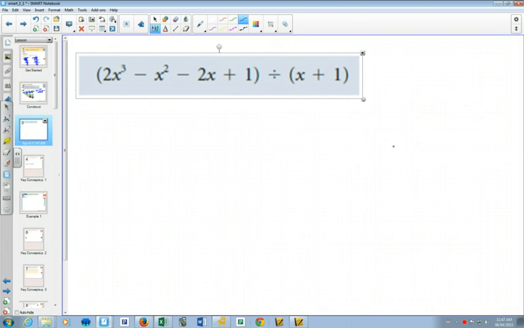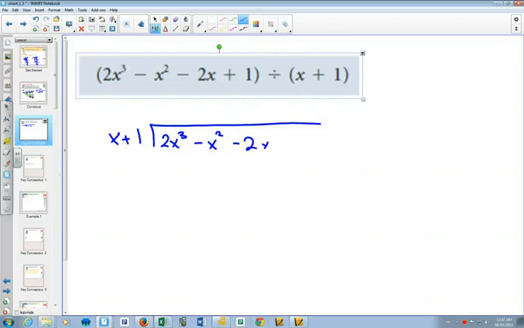Let's do this one. We have an x plus 1 and 2x cubed minus x squared minus 2x plus 1. So again, we look at the biggest term, which is the 2x cubed, and ask ourselves, what would I have to multiply my x plus 1 by to get a 2x cubed?